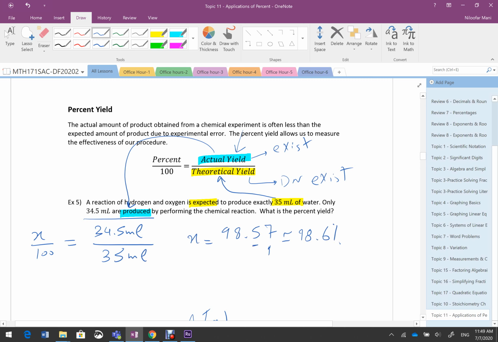Okay, that's the percentage, and it's a very good percentage. I expected to have 35 milliliter, I have 34.5. That's so good. It's a high percent yield, a good production. What I get goes up, what I believe goes down.